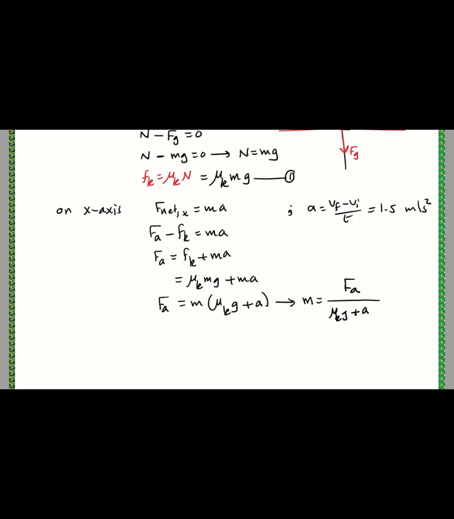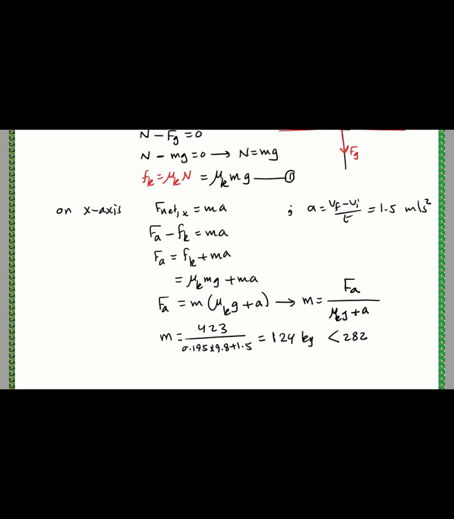Substitute to find m. M equals F is 423, mu k 0.195, g 9.8, plus the acceleration 1.5. And the answer will be 124 kilogram, which is less than 282.